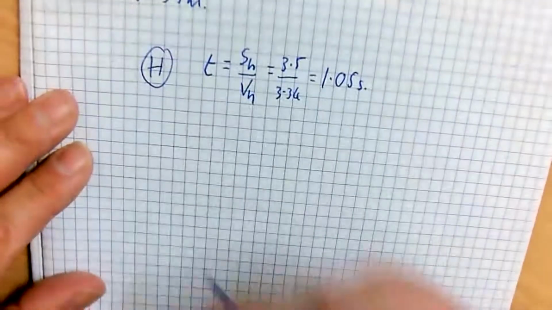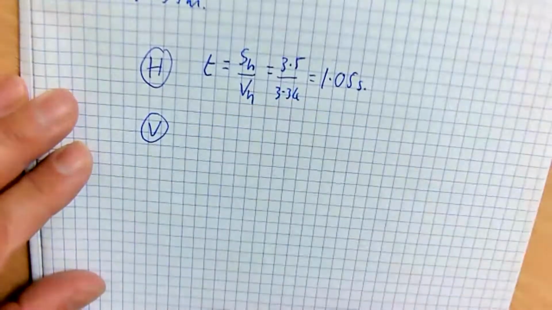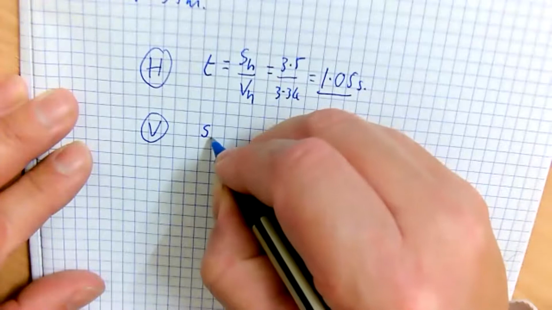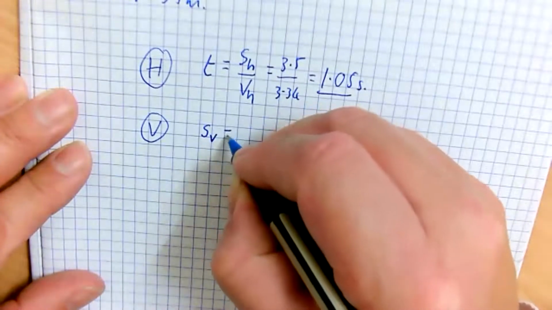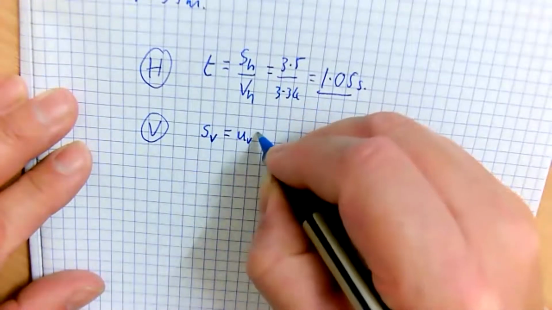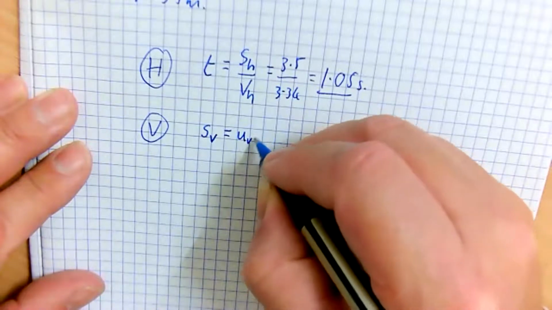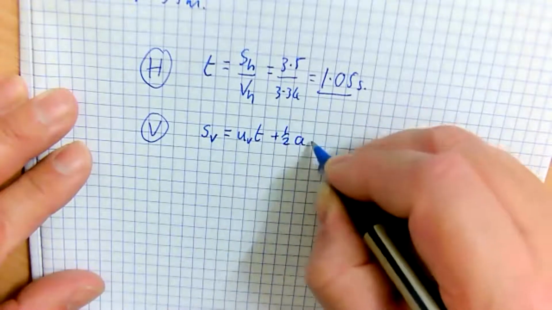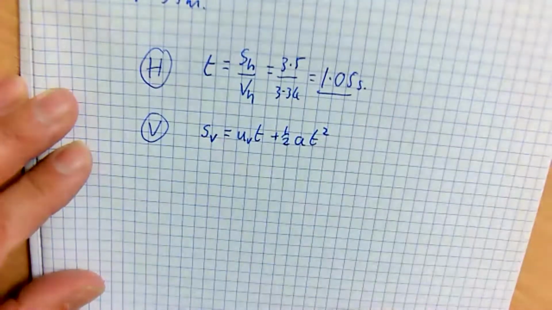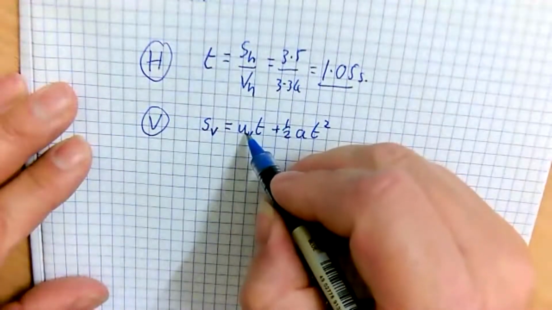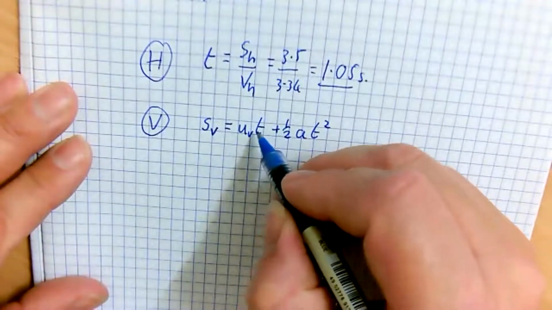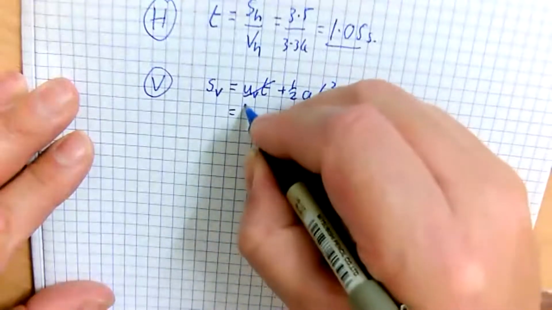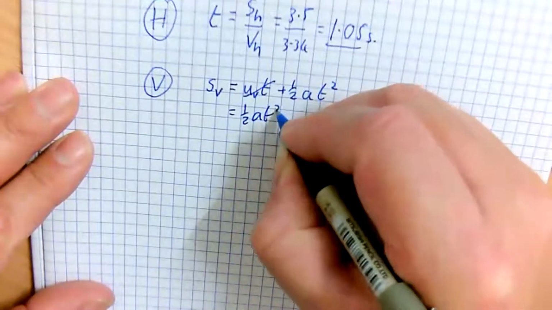Then we take the vertical component into consideration now that we know the time. The vertical distance, which is what we want to work out, is equal to the initial vertical velocity times time, plus a half times a times t squared. As it's being launched horizontally, there's no initial vertical velocity, so we can ignore that, and we end up with a half a t squared.